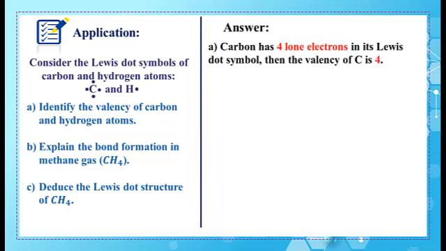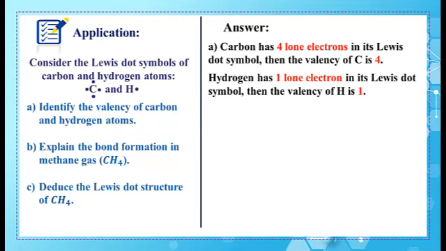Part A. Carbon atom has 4 electrons in its Lewis dot symbol, then the valency of carbon is 4. Hydrogen has 1 lone electron in its Lewis dot symbol, then the valency of hydrogen is 1.